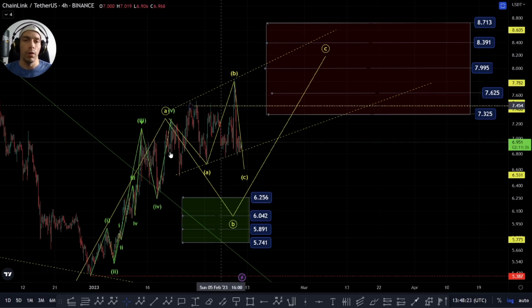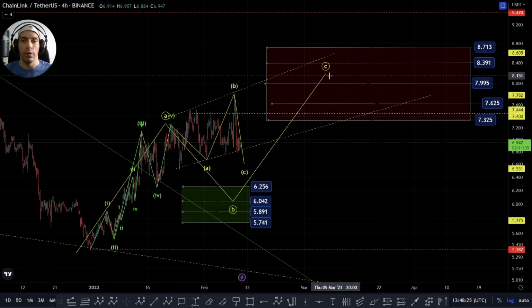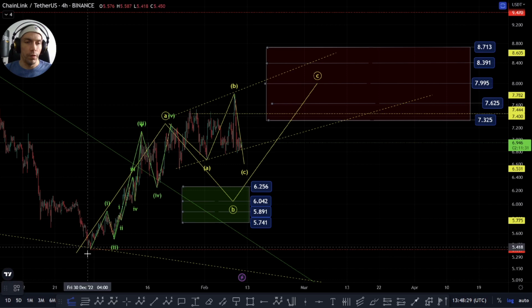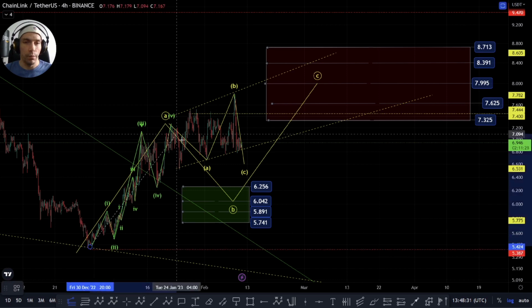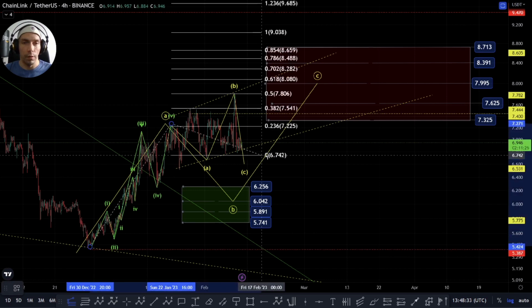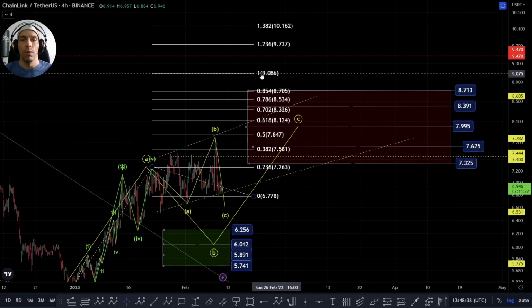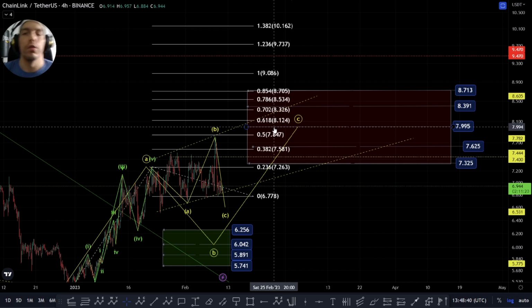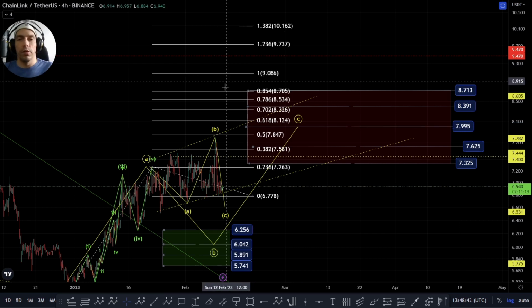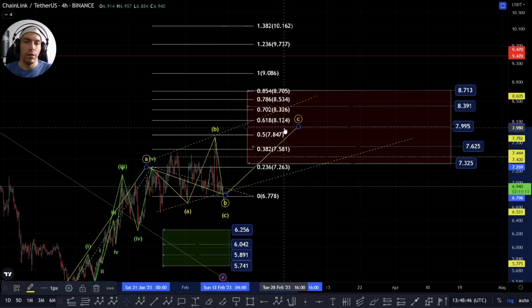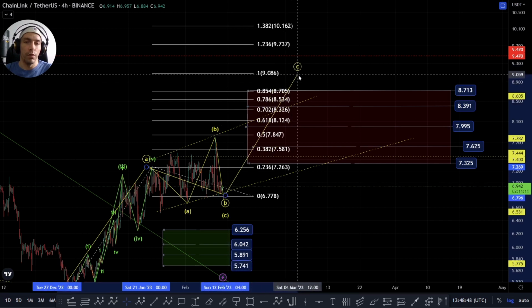If we do, then we can argue we potentially are starting this C wave leg, and that would be looking at potentially coming up much higher here. If we look at this move in the way that we have it stated here, and we argue that we're completed, 1 to 1 would be this $9 range. That could be something quite interesting if we do push up one more time here. We could look for this potential to complete here and then look to push up for that C wave.